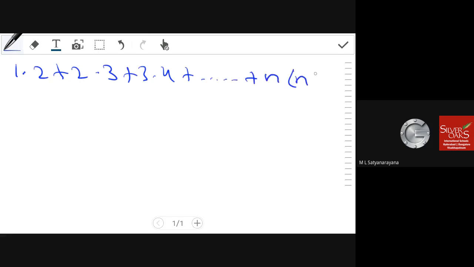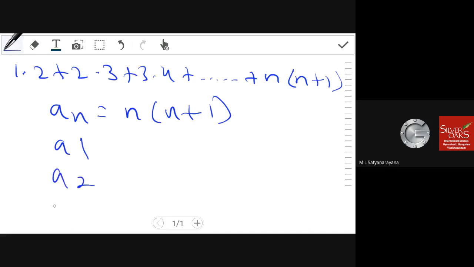So let's go back. Now we know the nth term of 1 into 2 plus 2 into 3 plus 3 into 4. The nth term is n into n plus 1. So what I am trying to explain is, if you know the nth term, n into n plus 1, you can check a1, a2, a3 and all that.